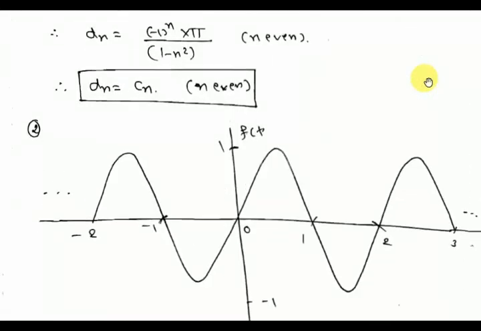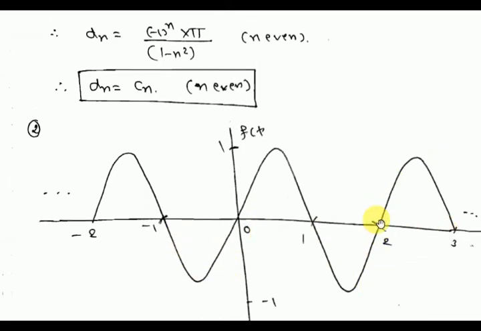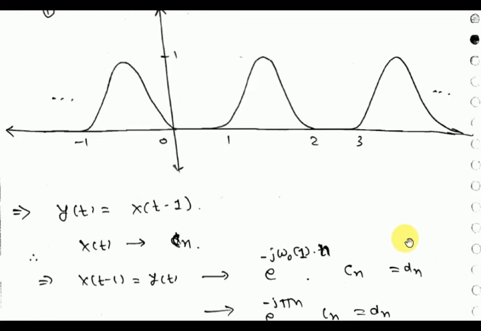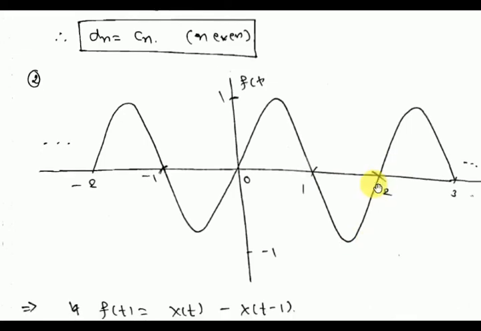Next is f of t. You can write f of t in terms of x of t. This is nothing but x of t, and this is minus y of t. If you take the negative of this, you will get these lower terms. So x of t plus minus y of t, you will get f of t.